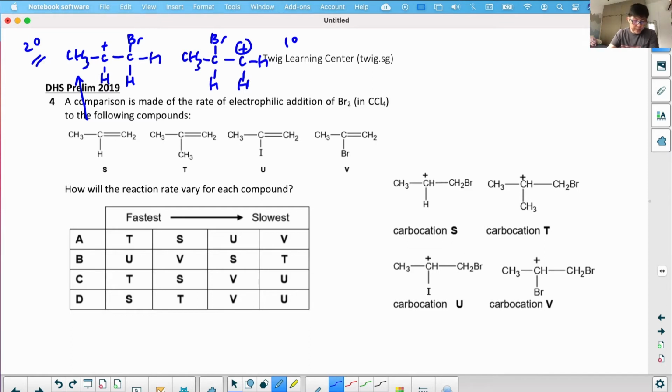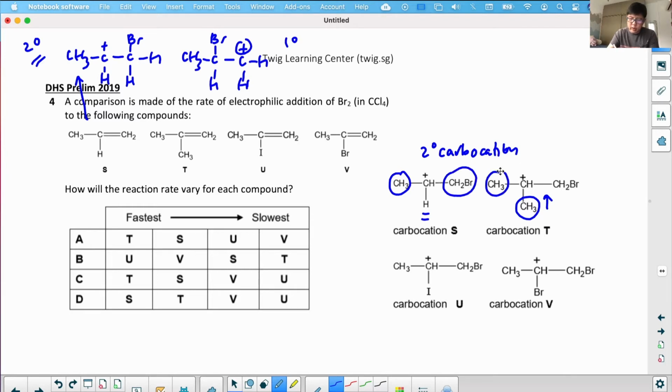So how does the reaction rate vary? Over here, you can see from S and T, the only difference is there's a CH3 group here. This CH3 group is electron donating, and this was just an H. This is actually considered a secondary carbocation, because it's one R group and two R groups.